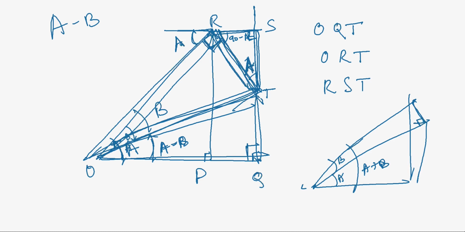But in the case of A minus B, draw a bigger A, then come down as B, then you end up with this line as A minus B. Then from here, go and meet this 90 degree, then complete it, so this will help. Are you okay? Yes.